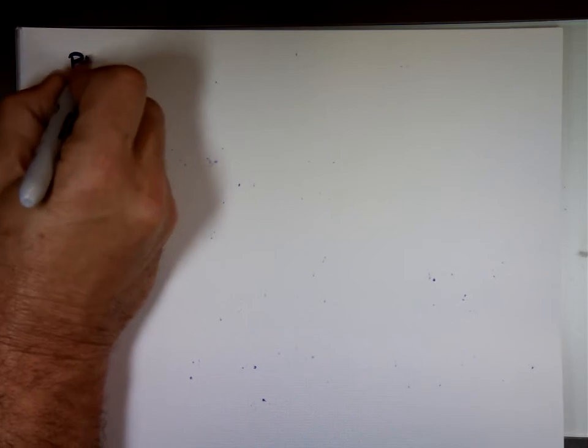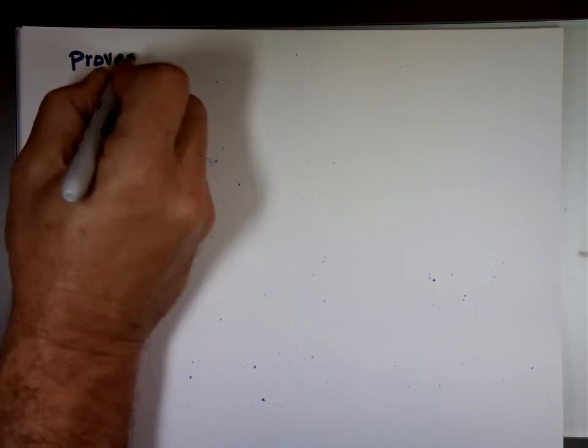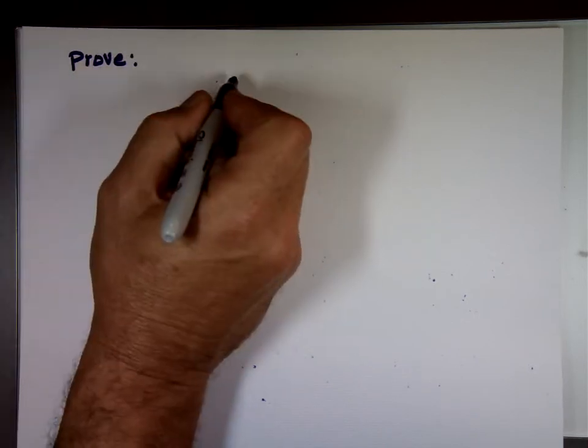Let's go to the end of the book. I'll take some prompts from the end of the book. I'm just trying to figure out these last ones. Prove. I'm just picking prompts from the back. Let me pick something.